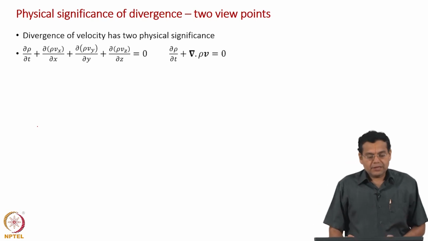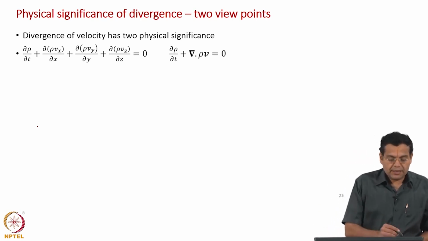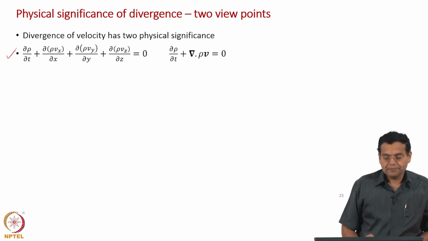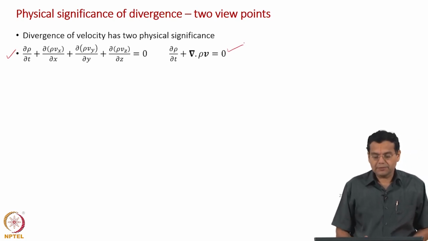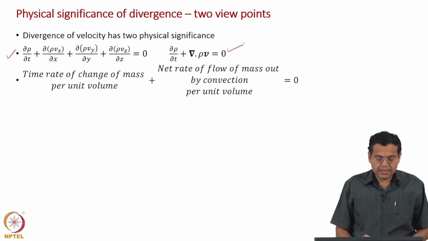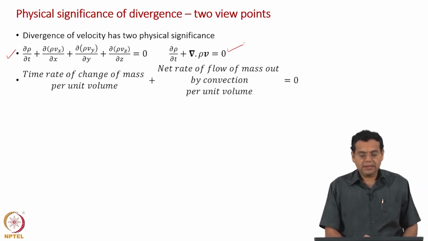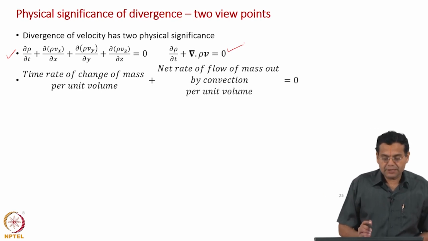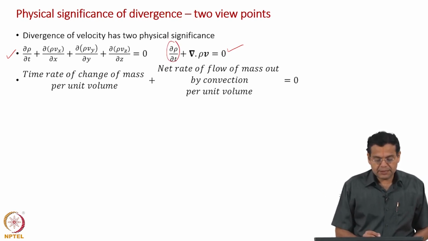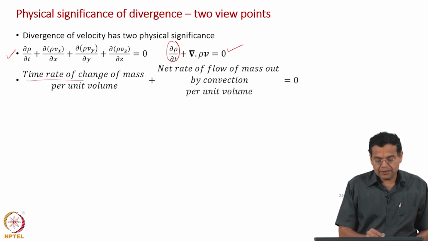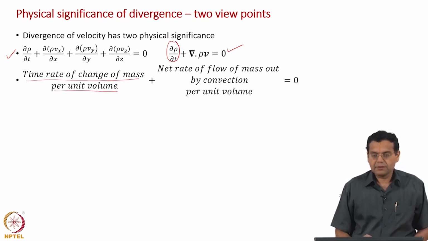First, we derived the continuity equation, and expressed that in vectorial form in this way. What is the significance of the two terms in the continuity equation or the differential total mass balance? The first term represents time rate of change of mass per unit volume.